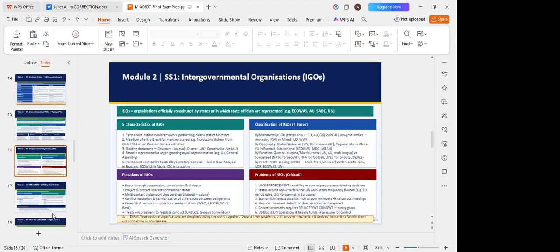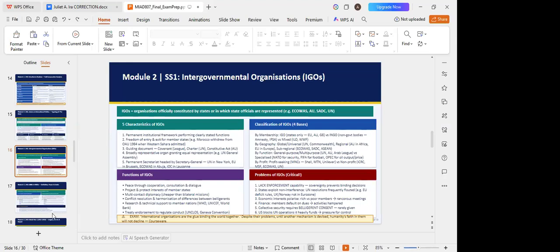International organizations, the IGOs. The IGOs, the international organizations, are institutions created by states through treaties or agreements to promote cooperation, manage shared problems, and regulate state behavior in the global system.